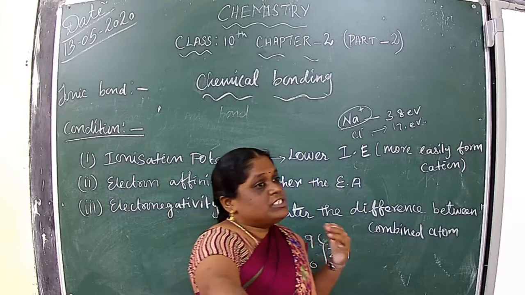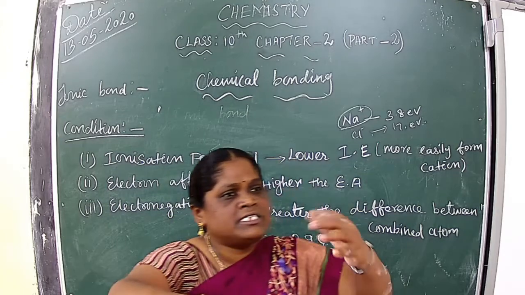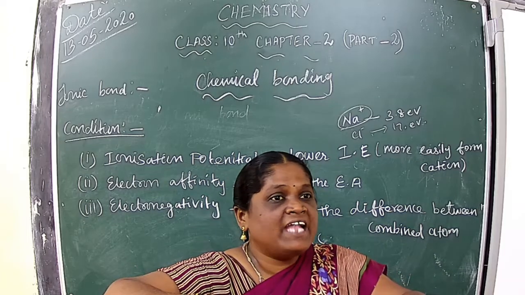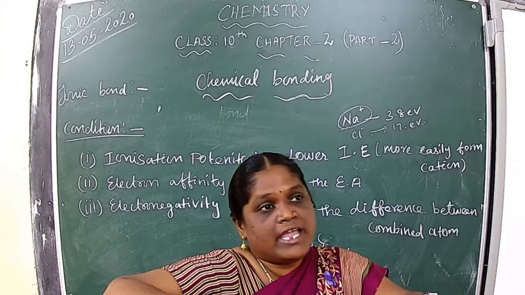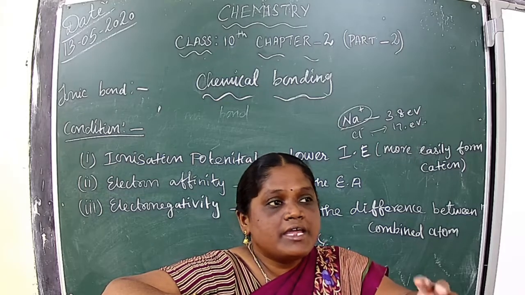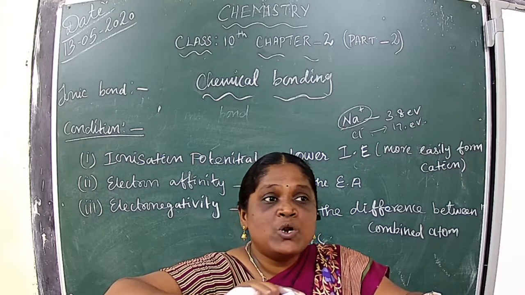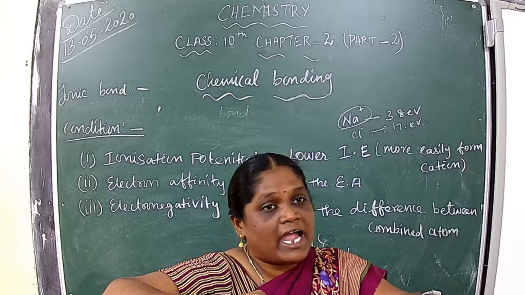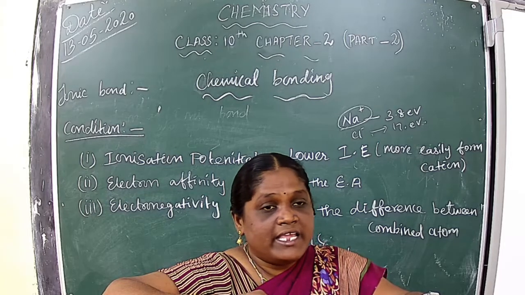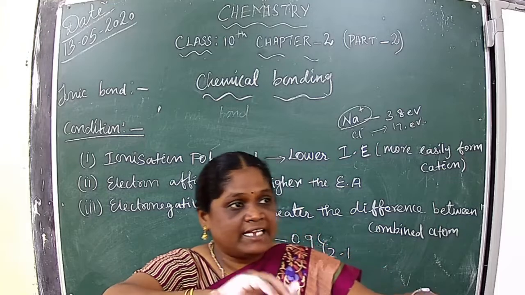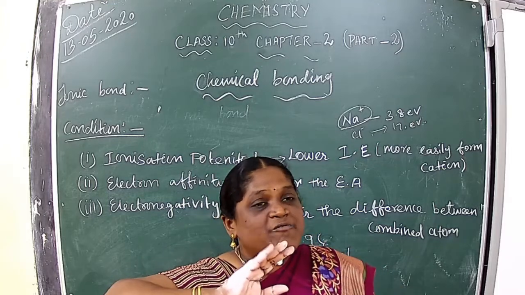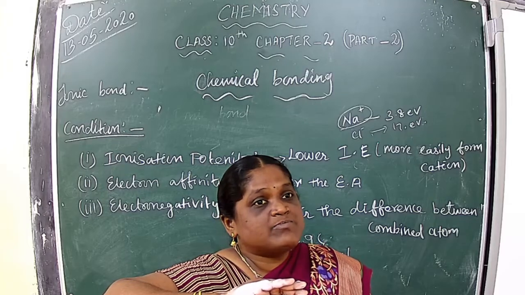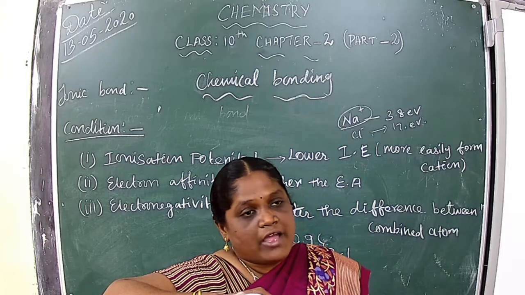For ionization energy and electron affinity we consider an atom or element, but in electronegativity we consider combined atoms. So the more the difference in electronegativity in the combined atoms, the more formation of an ionic bond.